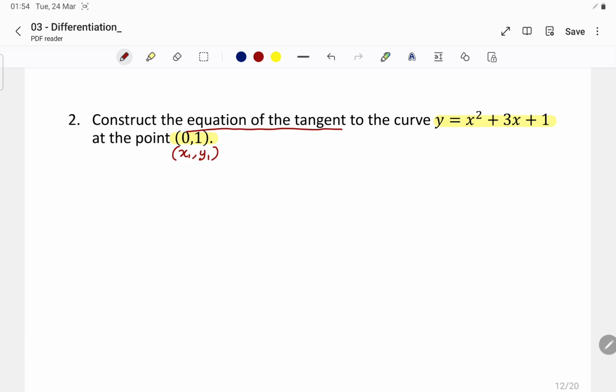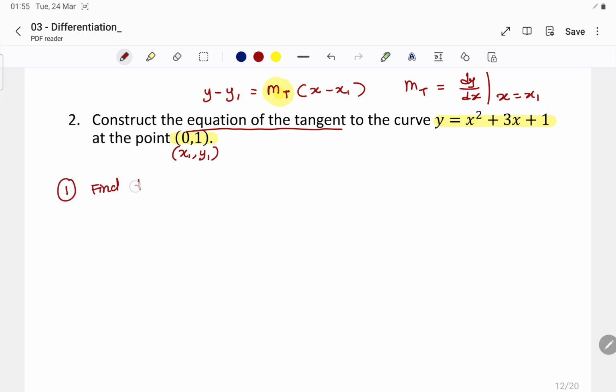When they want the equation of the tangent, by right they want y minus y1 equal to mt times (x minus x1). Here we see we have mt. So how to find mt? Remember, it is dy/dx, and then substitute the value of x1 inside. Now, do we have mt? No, we don't. So that's why we have to find mt first.